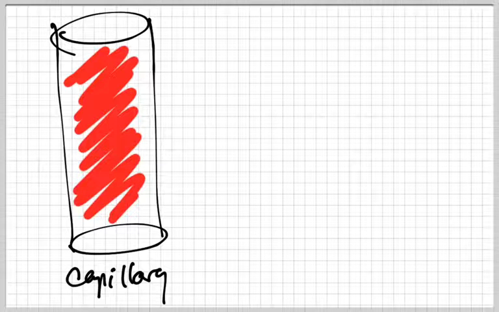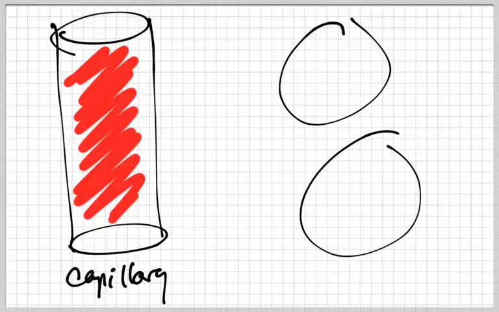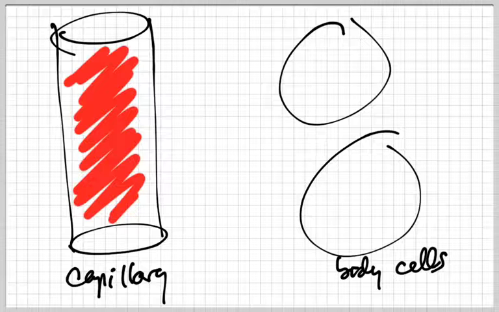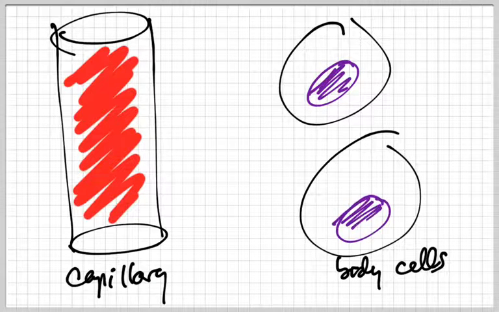Then we're going to have these body cells, and these could be any types of cells. They could be, for example, the alveolar cells, or skeletal muscle cells, etc. So we have these body cells with these large, nice nuclei.